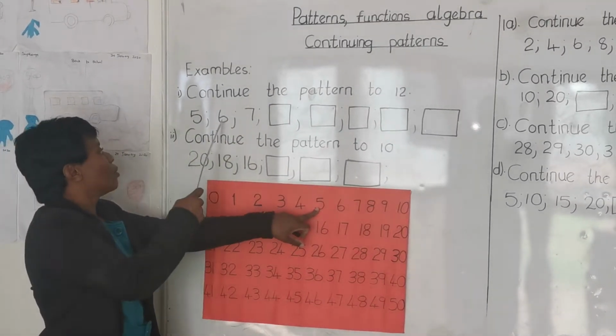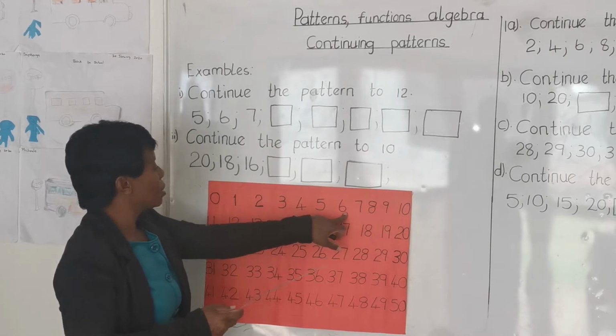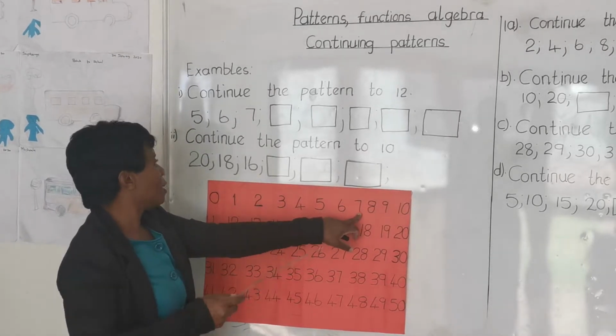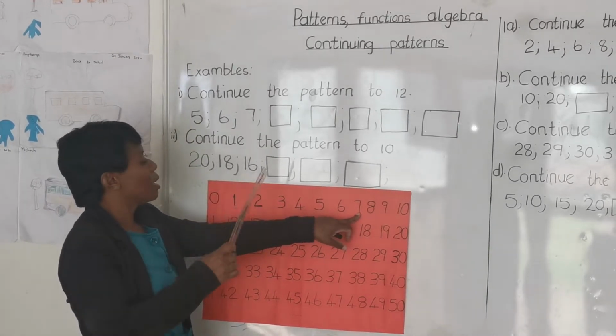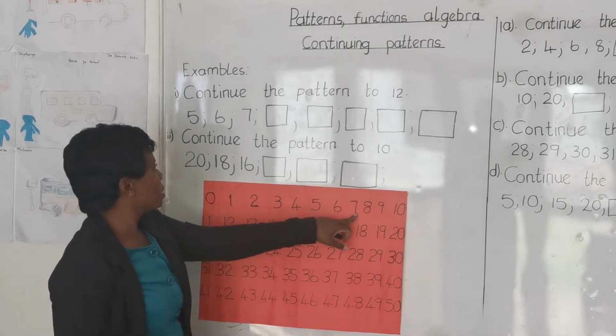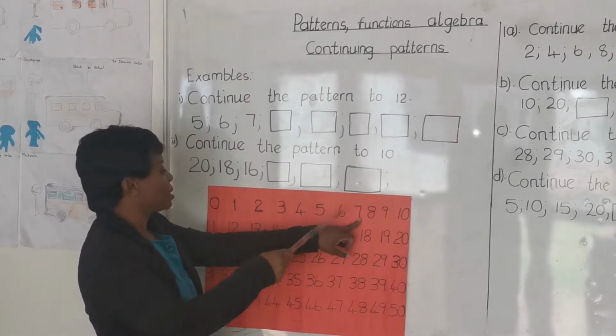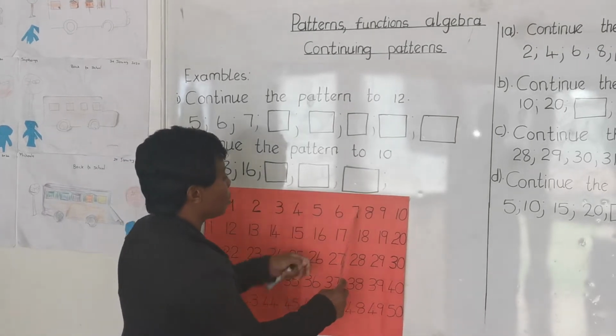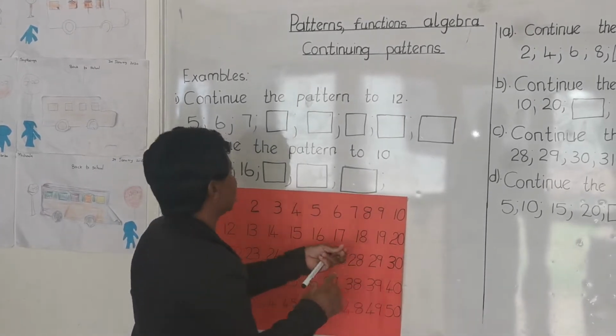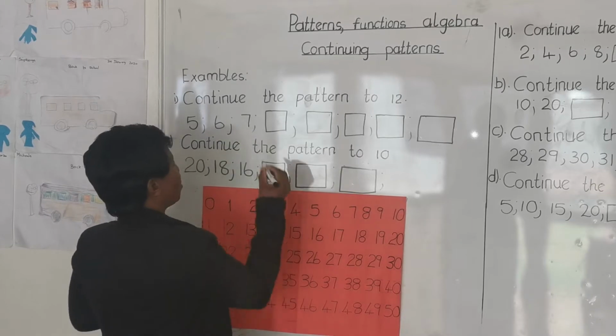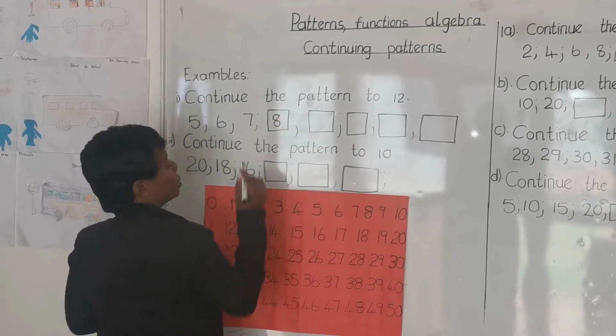From 5 we go on to 6. From 6 to 7. This shows us that we are counting in ones. So we are just going to continue with the numbers from 7. From 7 we go on to 8. So which means our next number is 8.